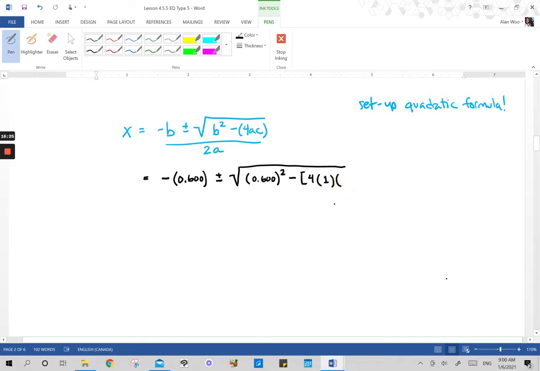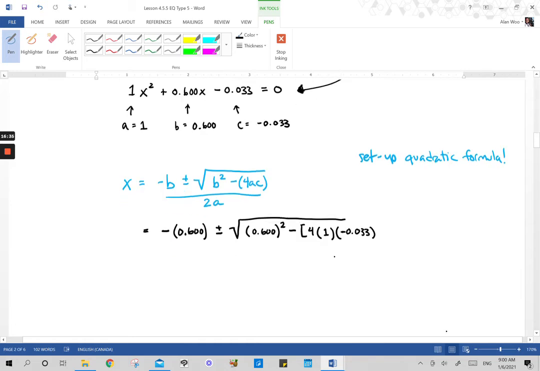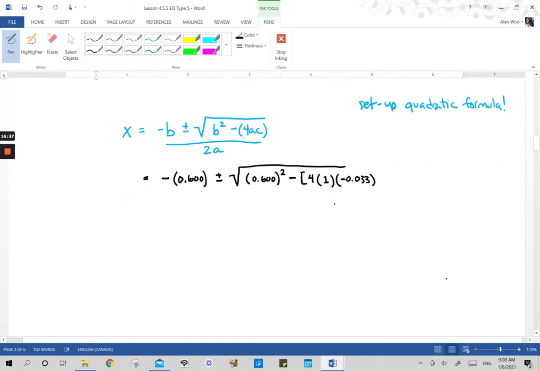Now c, remember, has a negative sign. Okay, so just double checking to see if that's the right number. It is. Close the big bracket. Okay, and then divide the whole thing by 2 times a, which is 1.